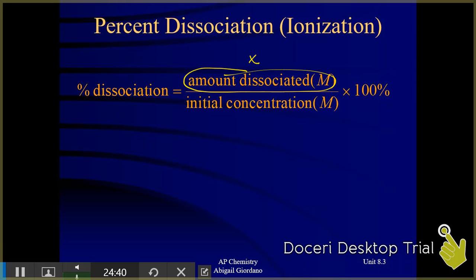That is how much of the acid broke apart. And the one in the bottom is the initial molarity of that acid, what's on the initial line of your ICE table.